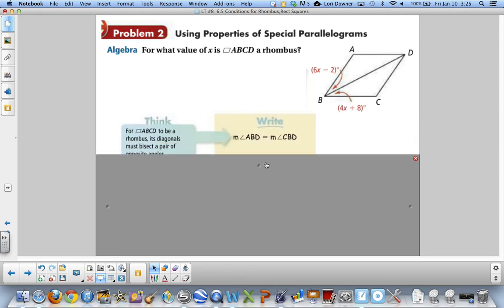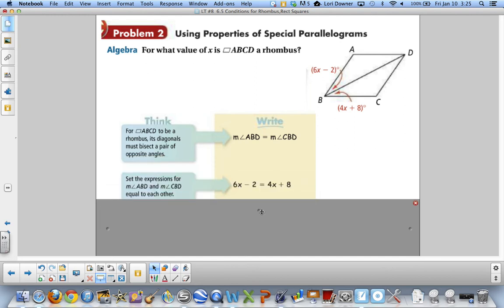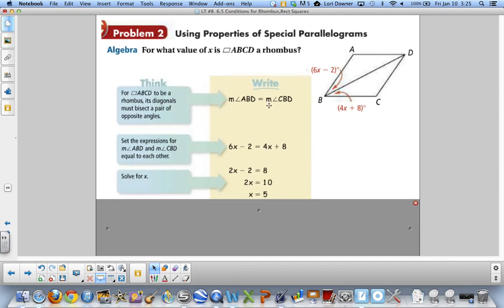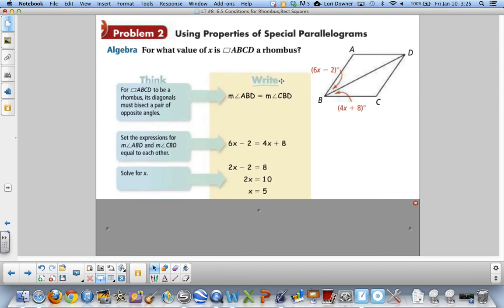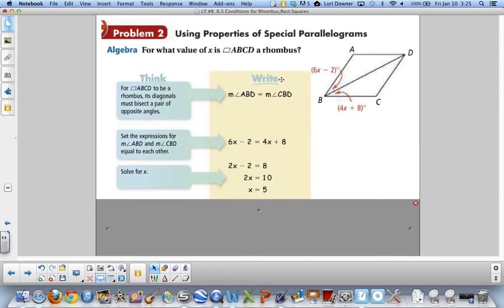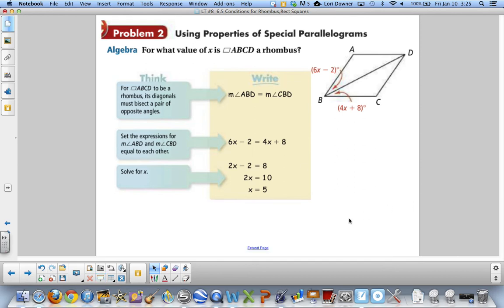So I set the two measures equal: 6x minus 2 is equal to 4x plus 8. Now I subtract 4x on both sides, add 2 on both sides, divide by 2, and I get x is 5. So when x is 5, I know that I'll have a rhombus.